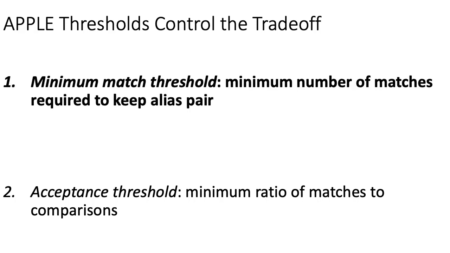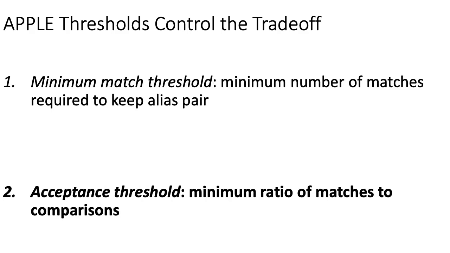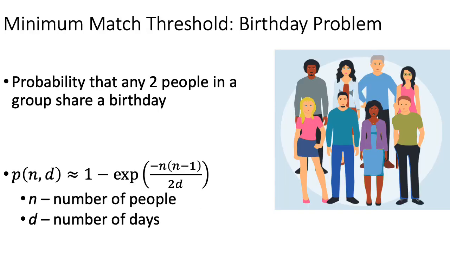The first is the minimum match threshold, which determines how many vantage points need to have the same reply TTL for both addresses. And this helps limit the probability of a random collision. The second threshold, the acceptance threshold, dictates the minimum ratio of matching reply TTLs to comparisons.